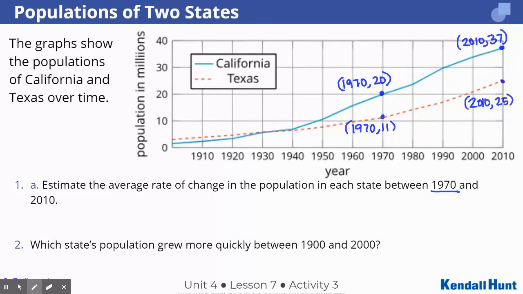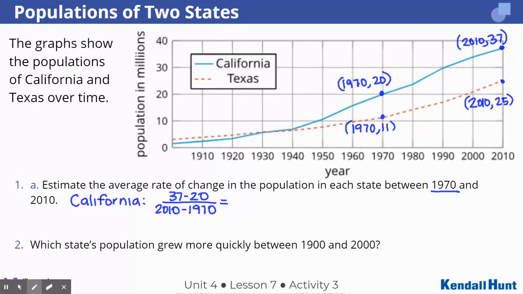So use these ordered pairs to fill in the formula to find the average rate of change for California and Texas. So looking at California, we have 37 minus 20 over 2010 minus 1970.